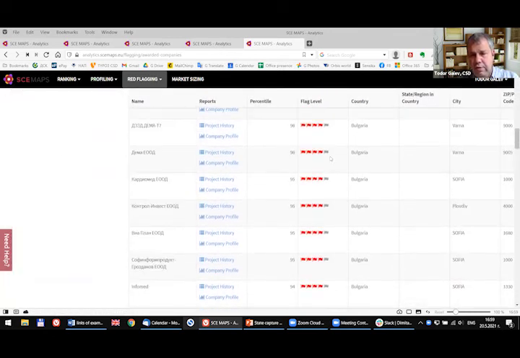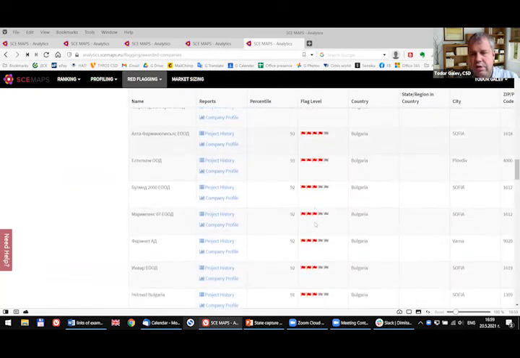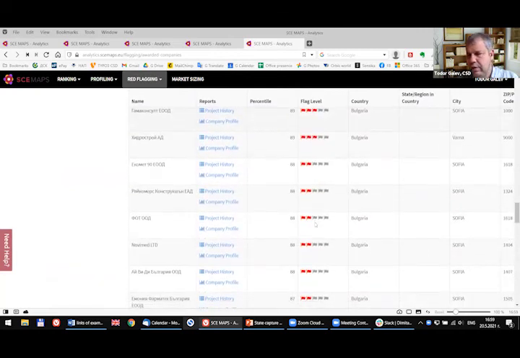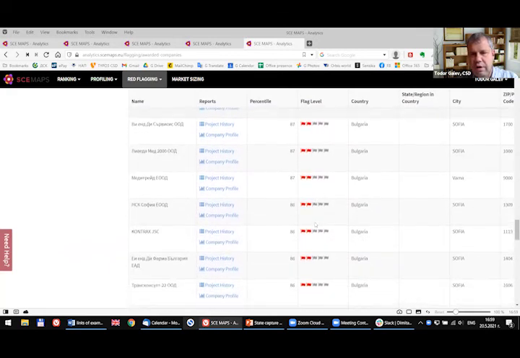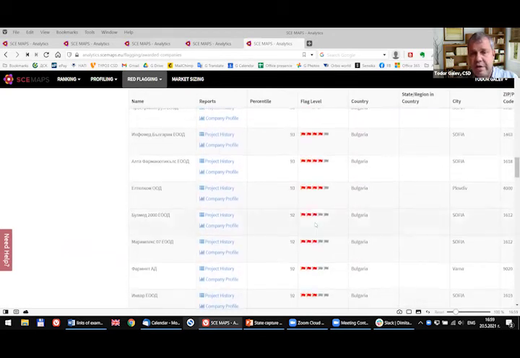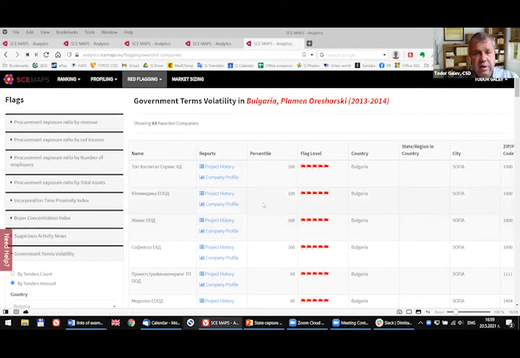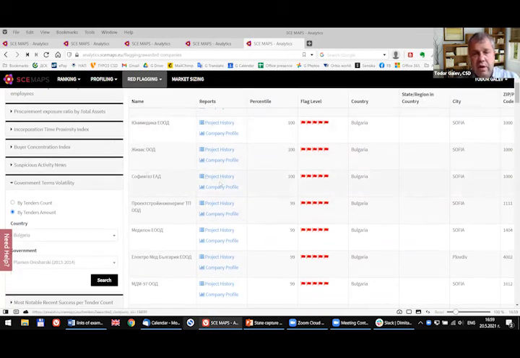As you can see, the red flags decreased. So this is a visualization that helps you understand which are the most risky companies. Let's take one of these companies, Sofia Gas.